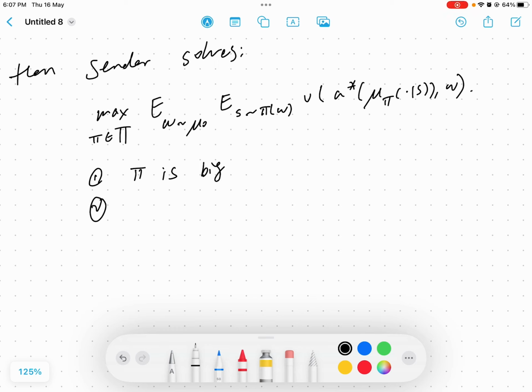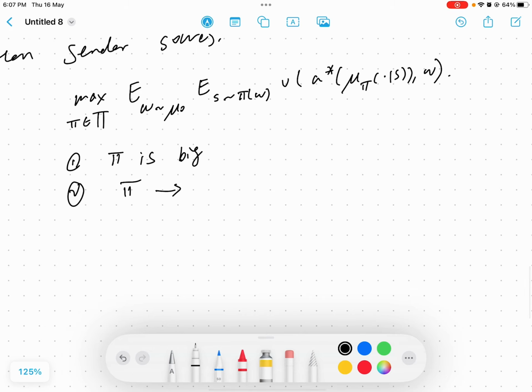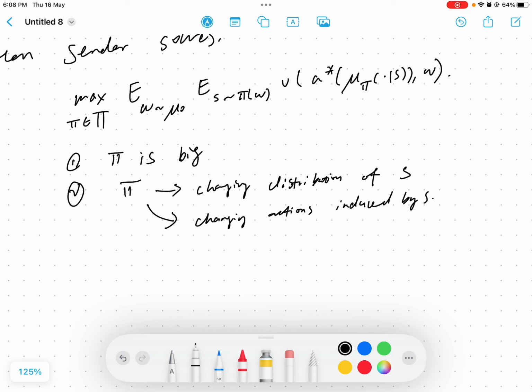Okay, so the second thing is that the choice of pi influences the sender's payoff by both changing the distribution of the signal realization, right? So that's by the definition. And this also changes the action induced by the S, right? Okay, so this becomes quite complicated, right?